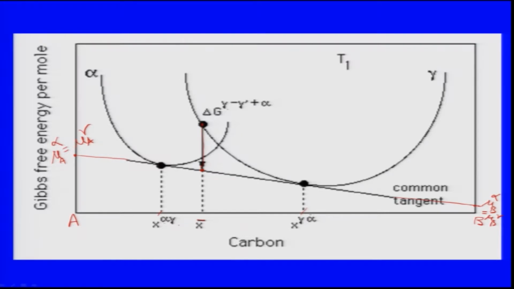They have to be touching each other, there will be no phase transformation. So, these are the equilibrium compositions when the system is at temperature T1 and atmospheric pressure.